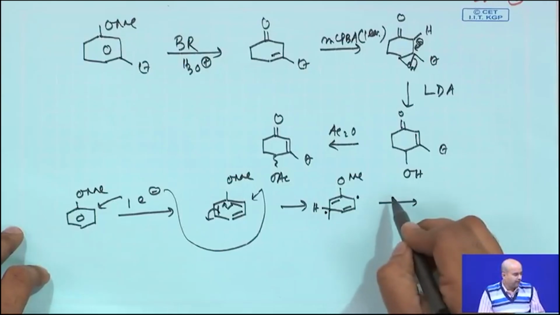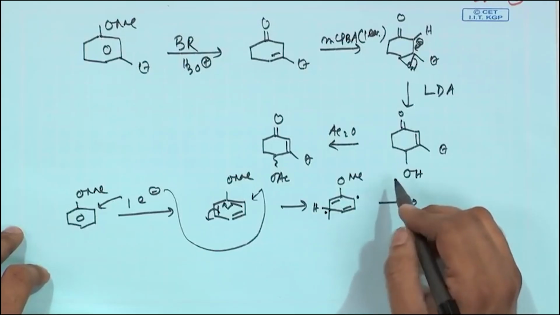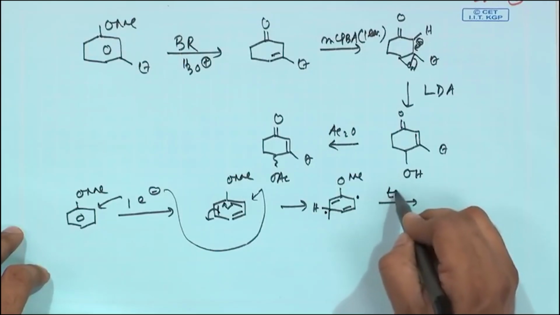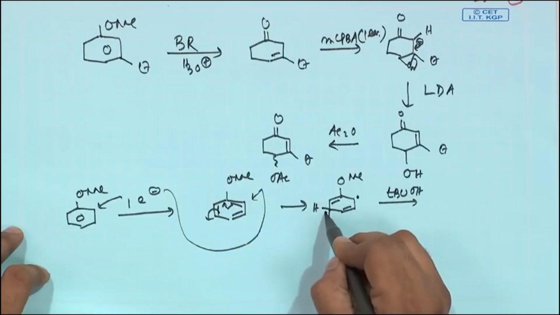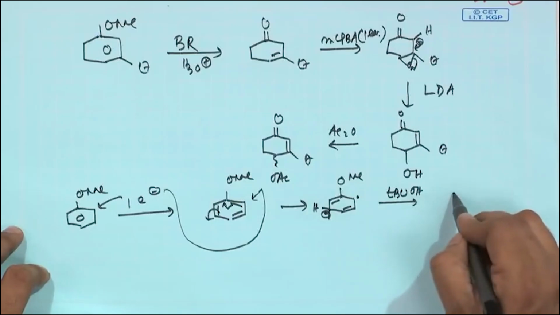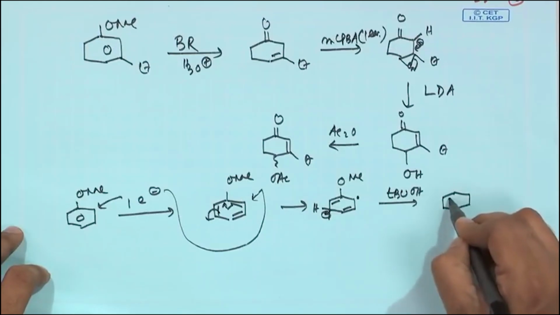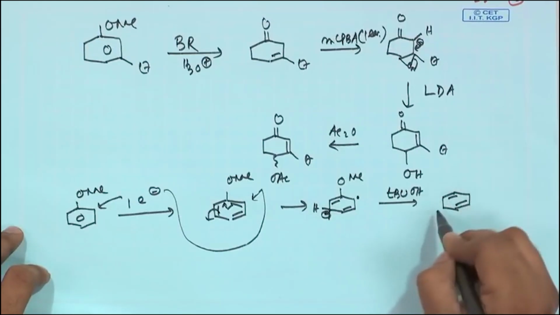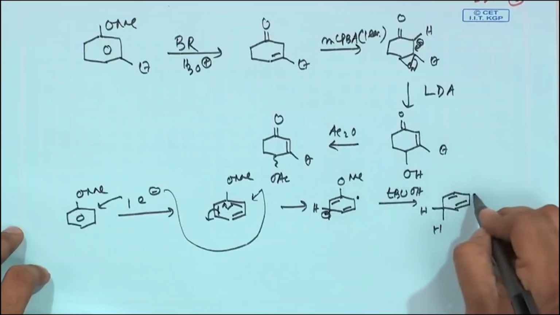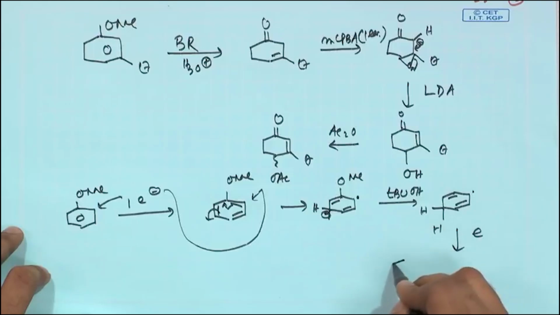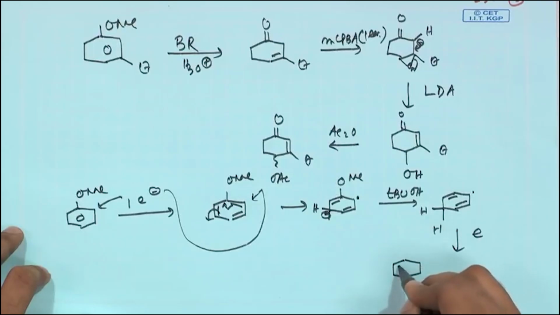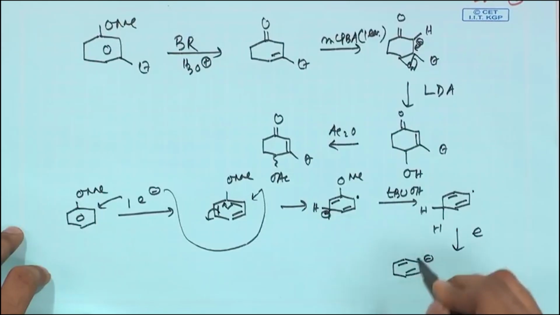Eventually, the solvent is always tertiary butanol or ethanol. So, this minus will now abstract the proton, and it will give you this hydrogen. Now, this one again will accept another electron to become negative again.